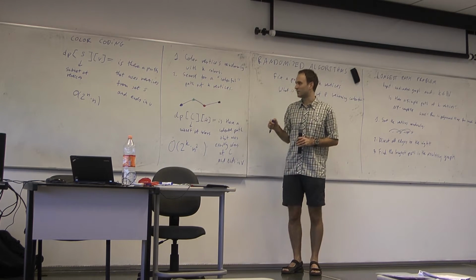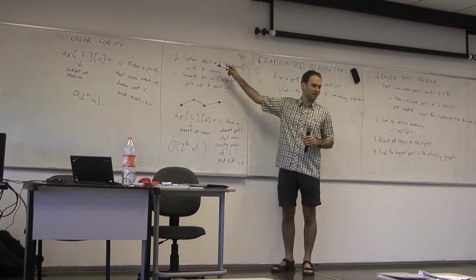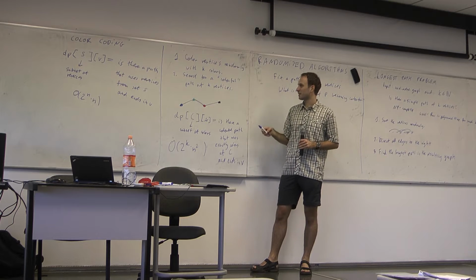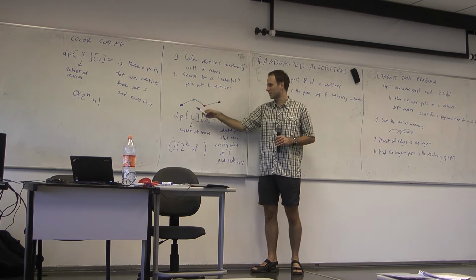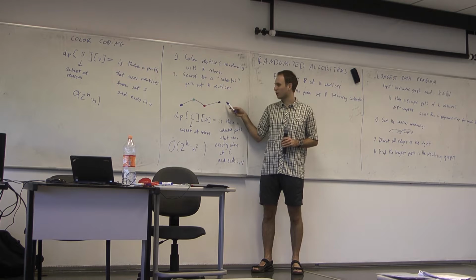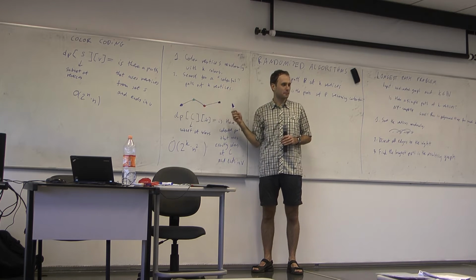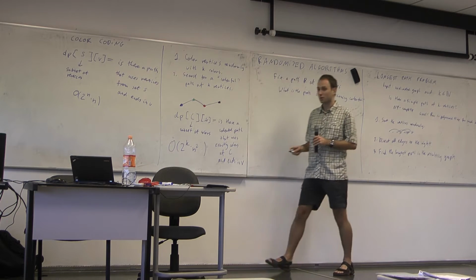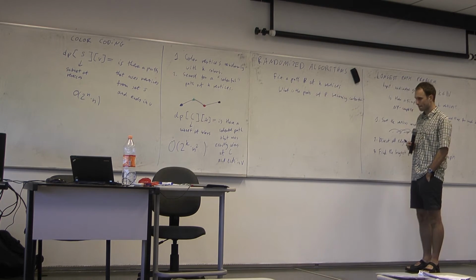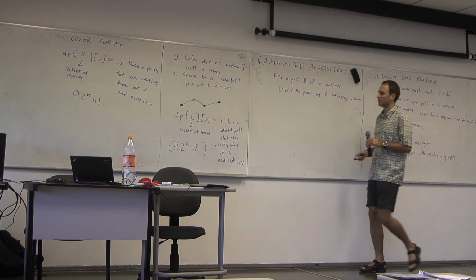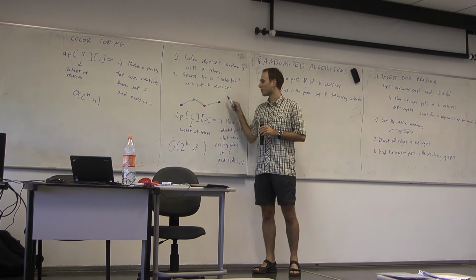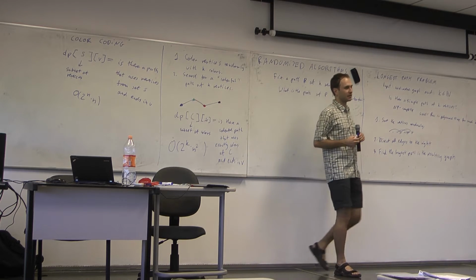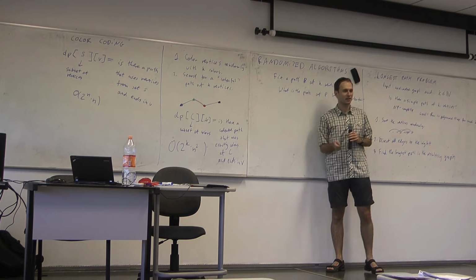So I'm assigning random colors to the vertices, and now I want to check if there is a path of k vertices on which every 2 colors are different, right? And I can do that with this dynamic programming. So the question now is, what is the probability that when I color a path of length k with k colors, the path becomes colorful?